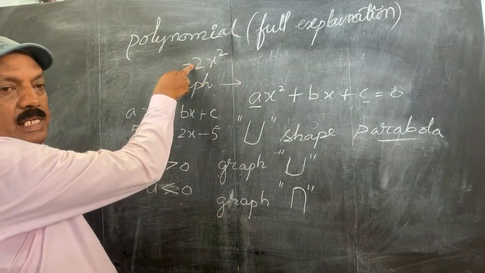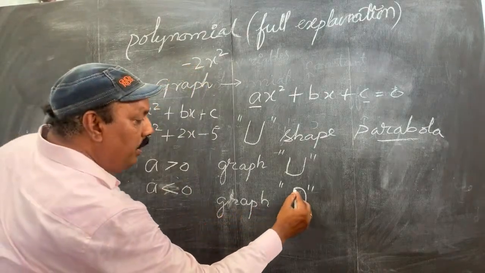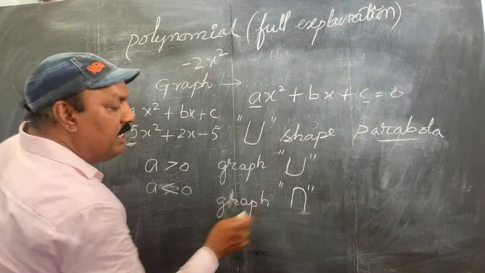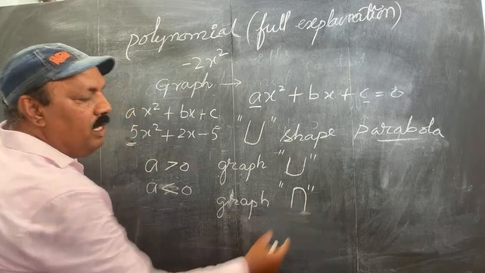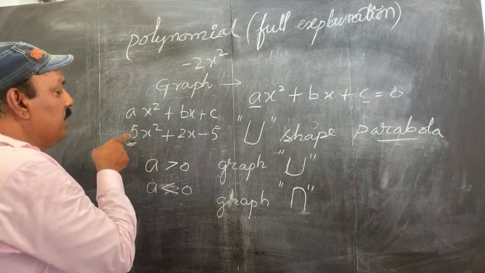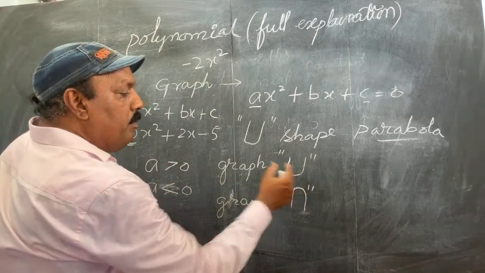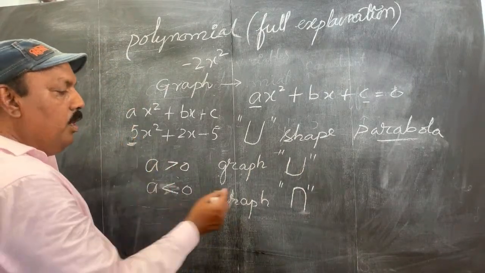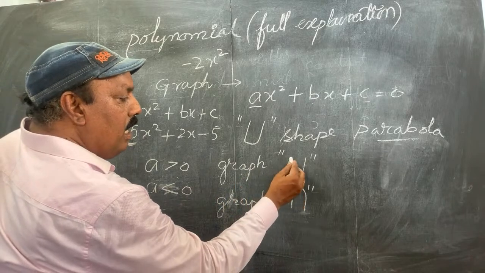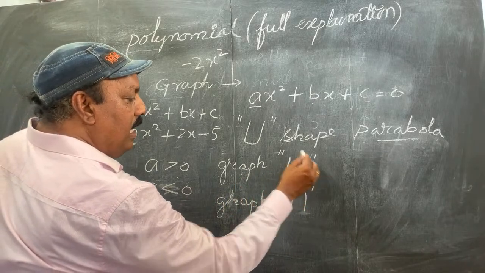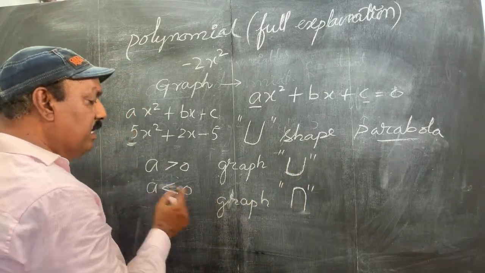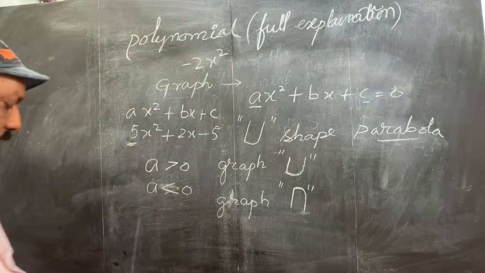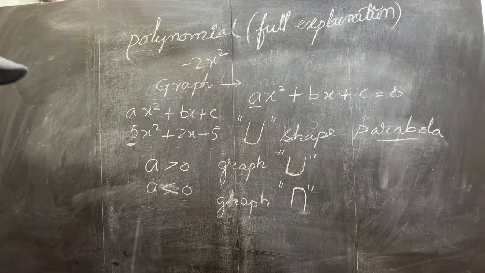Whenever the a value is less than 0, the graph you construct is a downward parabola. If the a value is greater than 0, an upward parabola will come. These are the shapes of the graphs I am giving here.